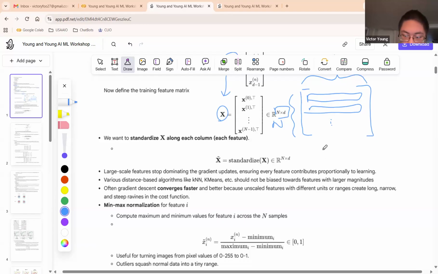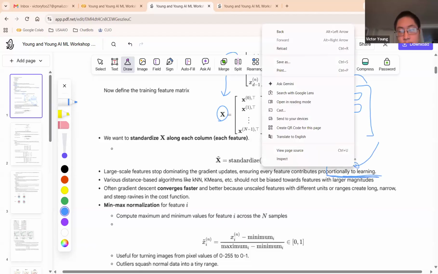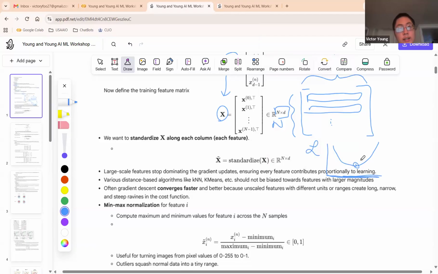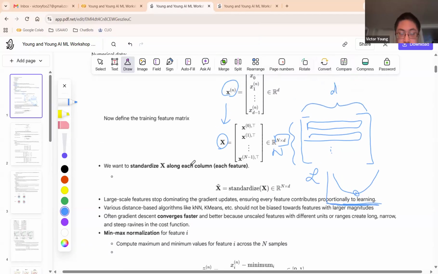If you look at here, here is loss, and here is the weights. We want to try to find the weight that minimizes the loss. However, if one feature is very big compared to the others, then that feature will dominate the loss, right?